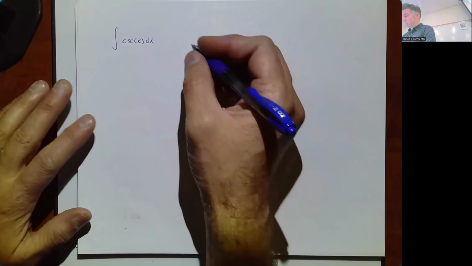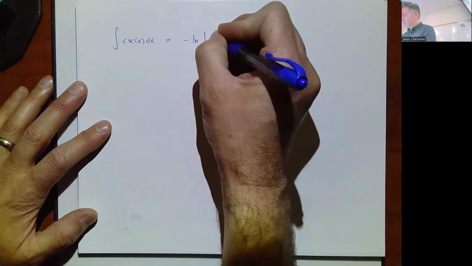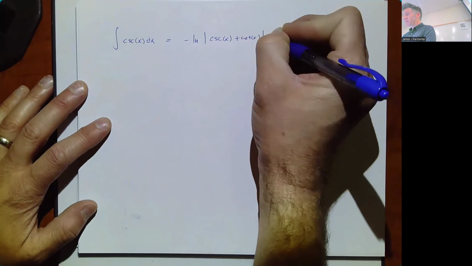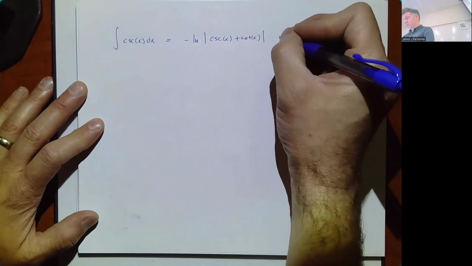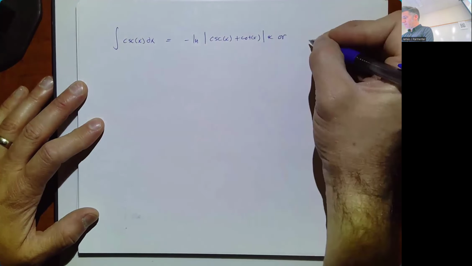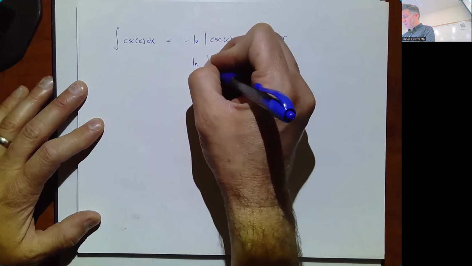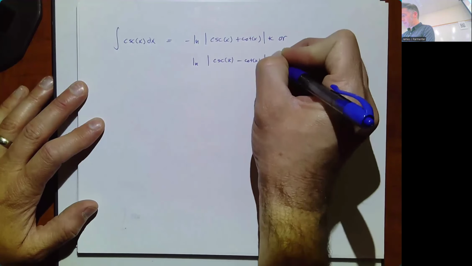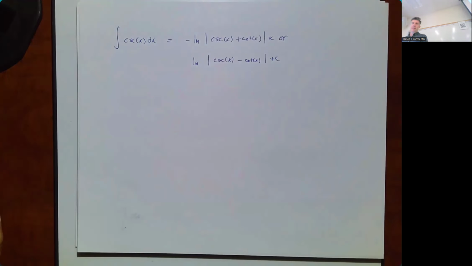And it is. It's actually the negative natural log of the absolute value of cosecant of x plus cotangent of x. Or, equivalently, the positive natural log of cosecant of x minus cotangent of x. Let's see. Those are the same. It's kind of weird.